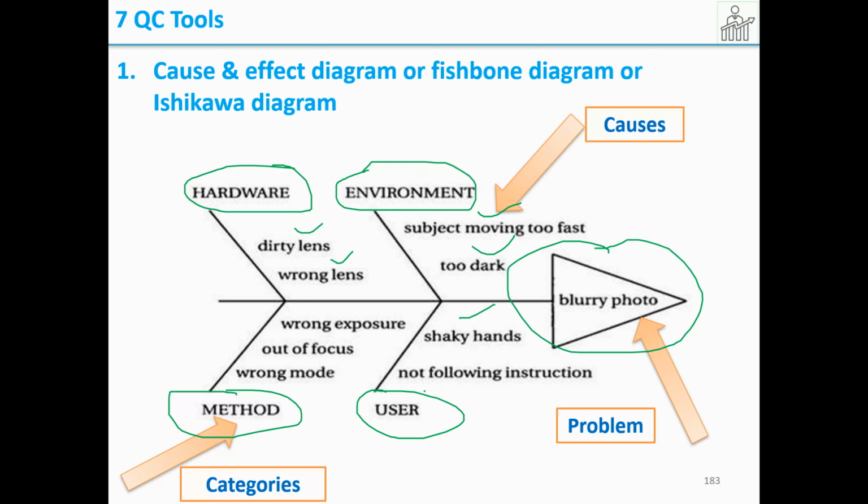Then shaky hands by the user, not following instructions, wrong exposure, out of focus, wrong mode. So all these are not root causes, these are potential causes. Each cause we are going to verify at the Gemba, that is the workplace, and find out the root cause of why the blurry photo is coming.